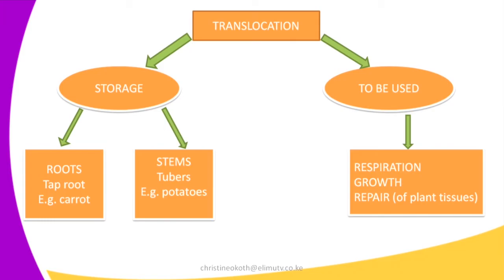Another way in which it can be used is for repair of plant tissues. For example, if a plant tissue has been damaged or worn out, some substances have to be transported to the specific site where the tissue has been damaged or worn out, so that it can repair the specific cells.